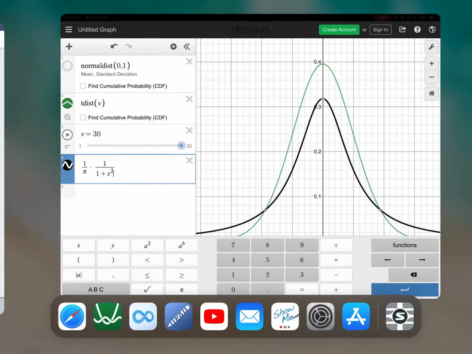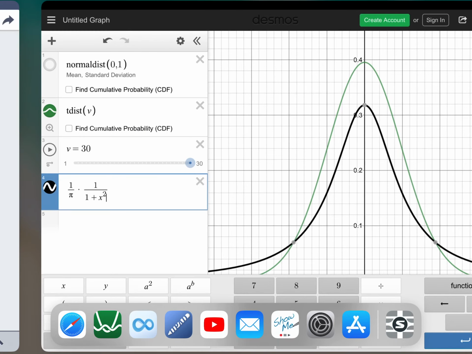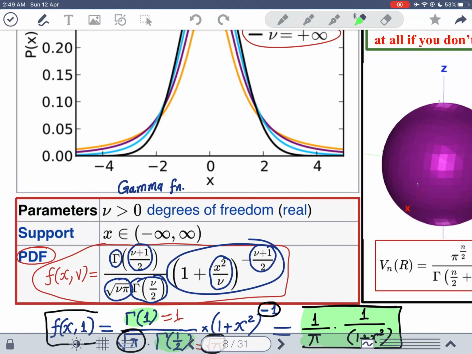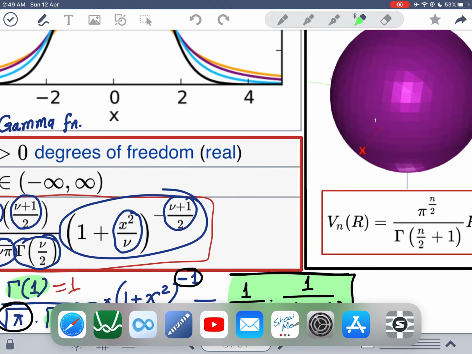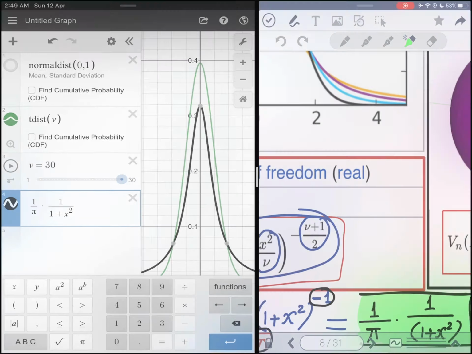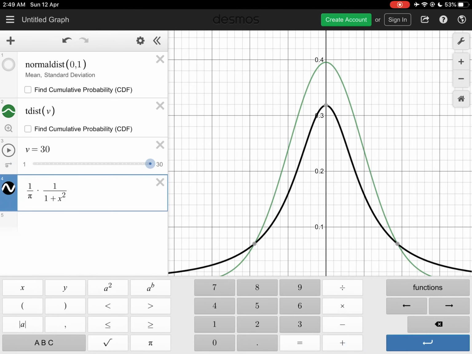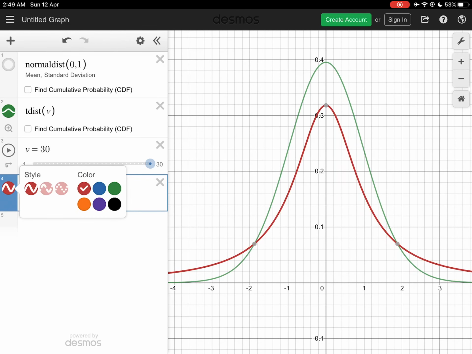Just to make sure, let me check. Yes, it's here: 1 over pi times 1 over 1 plus x squared. Let me change the color and make it red. This red is the formula that we just arrived at when we put degrees of freedom 1.